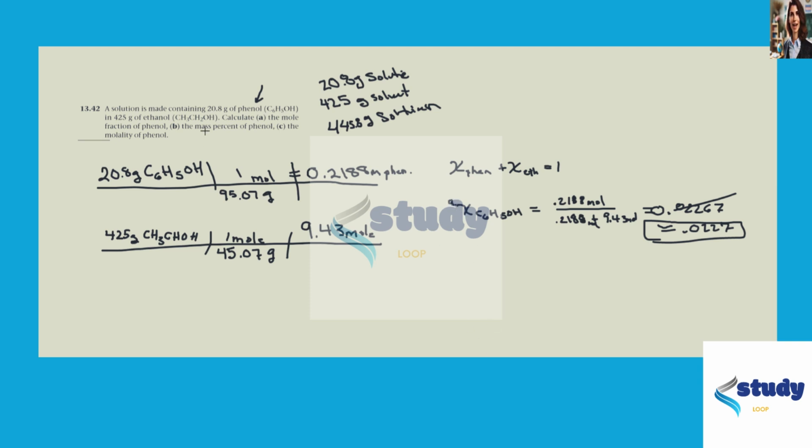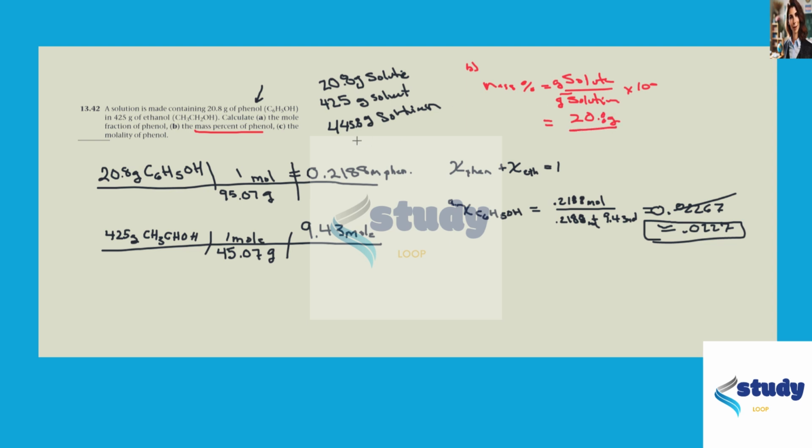Part B, we're looking at the mass percent of phenol. Do you remember the mass percent formula? Mass percentage is equal to grams of solute over grams of solution times 100. So let's look at what we have here. Our mass percent is going to be equal to grams of solute, which we found initially was 20.8 grams.